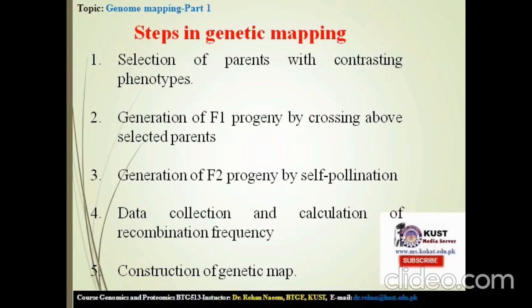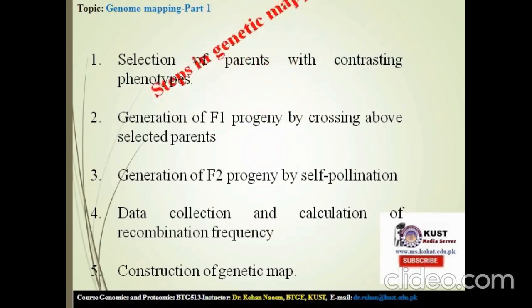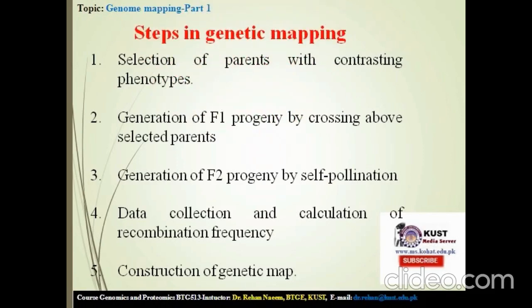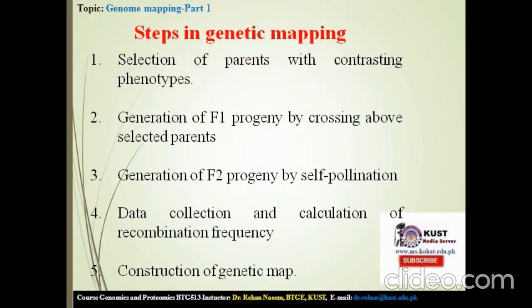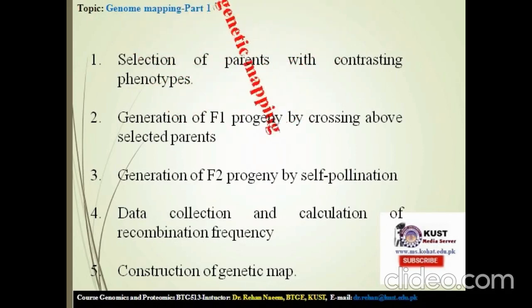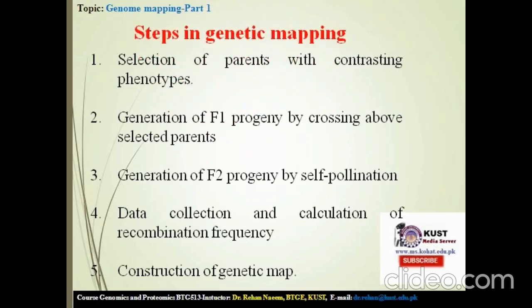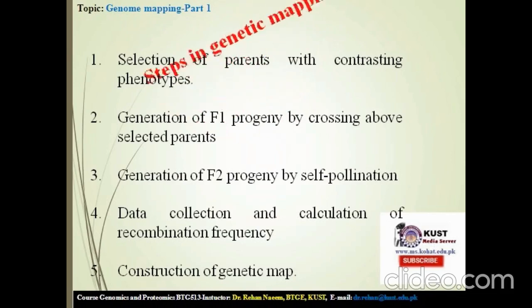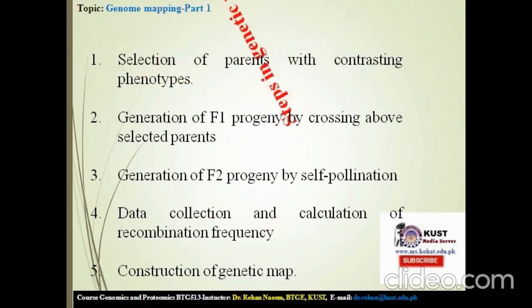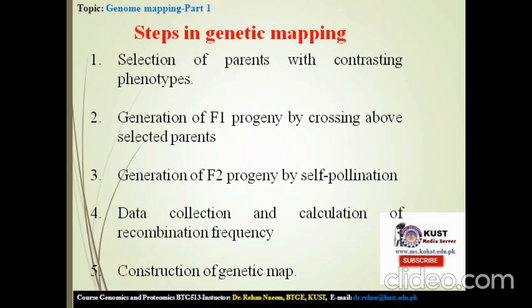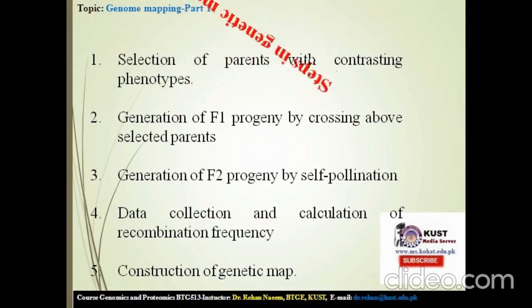After getting the F2 progeny, we need to find the recombination frequencies. Nowadays we have a lot of software which can give us a detailed picture of the genetic maps by using those recombination frequencies.